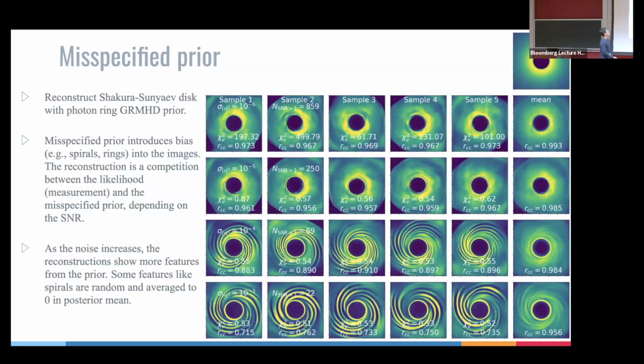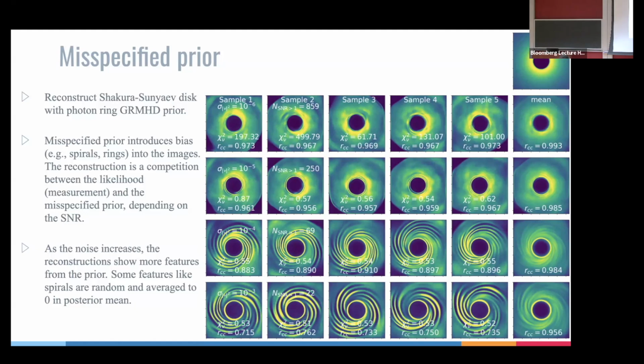Another example we did is we train our model on the photon ring generative simulation from George and use that to reconstruct the smooth alpha disk model. So here the truth is shown on the upper right. We show different noise levels, and we see that for very high signal to noise measurement, our reconstructed image is pretty smooth.